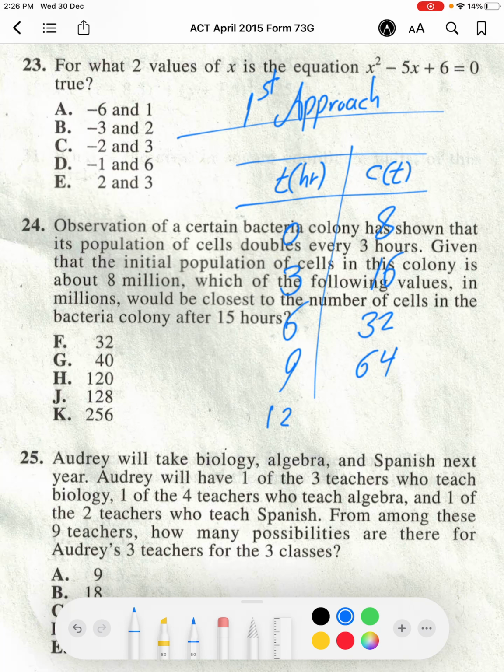After 12 hours, 128. After 15 hours, the final amount of cells in the bacteria colony would be 256 million. So the correct answer would be answer choice K, which is 256. Okay? This is the first approach.